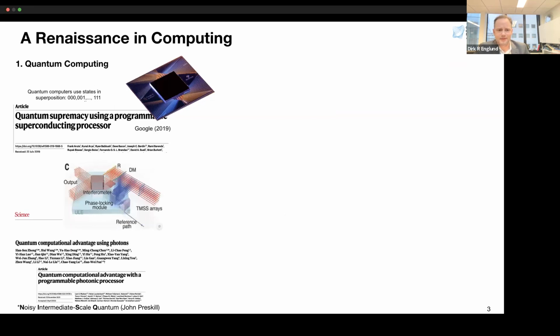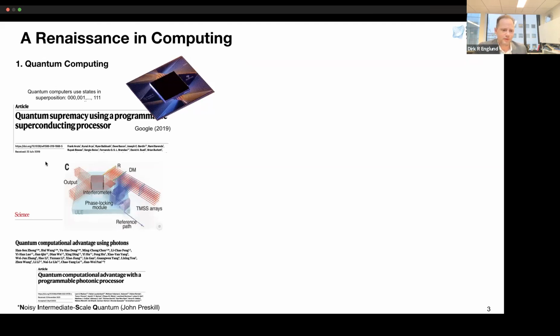There's another. These are actually both photonics. This one happens to be microwave photonics in the roughly 10 gigahertz range in the superconducting device. But there have also been several claims of what nowadays is better referred to as quantum computational advantage, using optical photons.